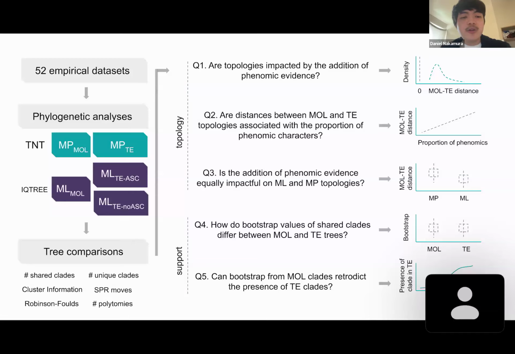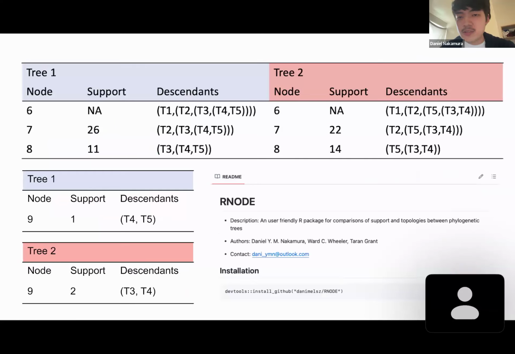For tree comparisons, we computed the number of shared clades, the number of unique clades, and some topological distance metrics like the number of SPR moves, Robinson-Foulds, and cluster information distance. Using all this information, we answered 5 questions, 3 of them related to the impact of phenomic data on topology and 2 questions about support. I will specify each one of these questions in the next slides.